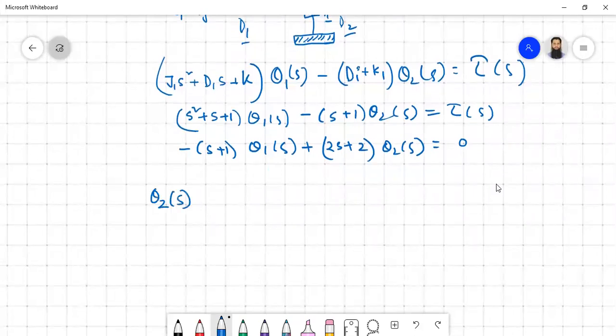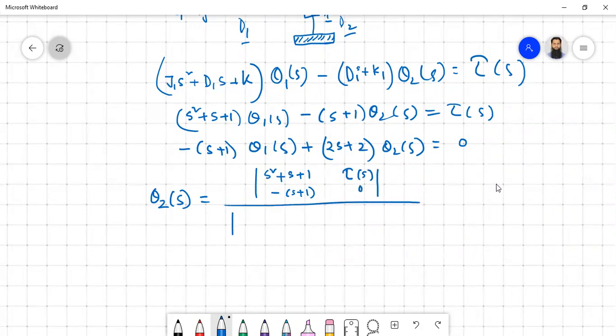So theta 2(s) is basically (s square plus s plus 1, then minus (s plus 1), then tau(s) and 0) divided by (s square plus s plus 1, minus (s plus 1), minus (s plus 1), then you have 2s square plus 2s plus 2).